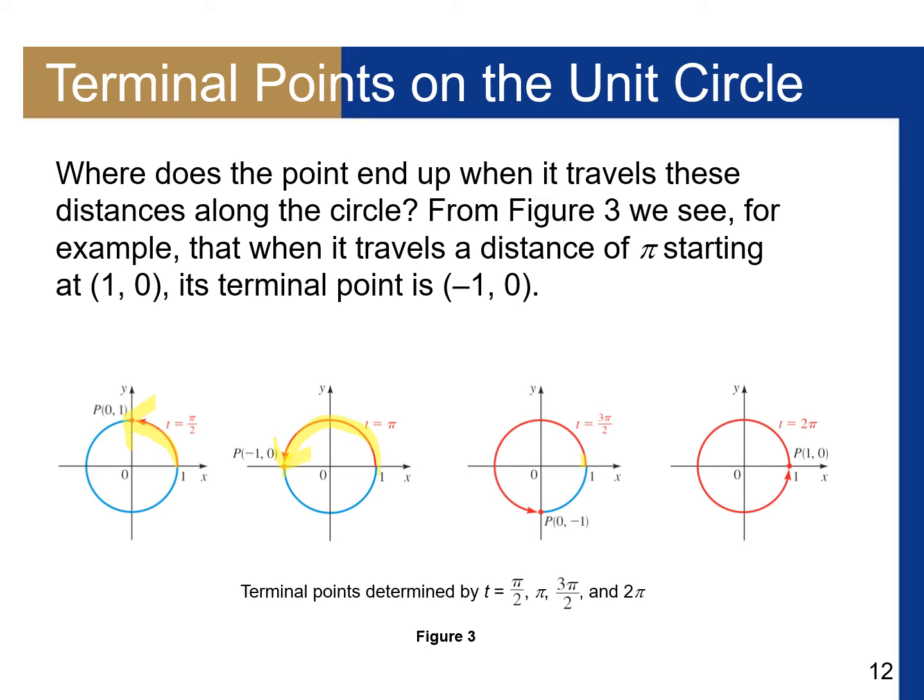Here I will travel, sorry about my messy curve, 3 pi over 2, which is 270 degrees, and that will be 0, -1. And if I travel 2 pi, meaning I will go all the way around, I will be again at 1, 0.